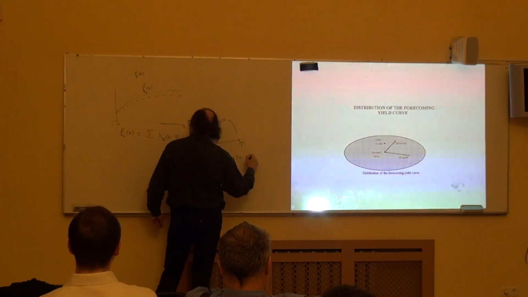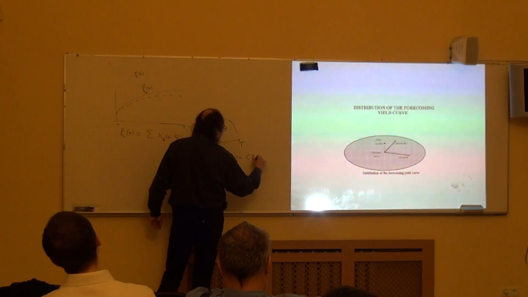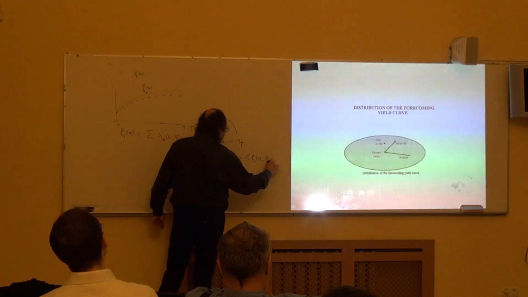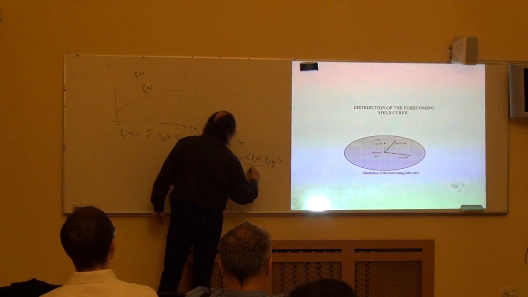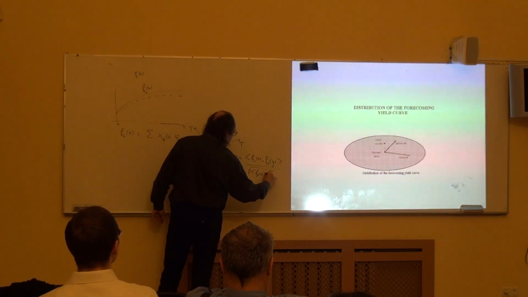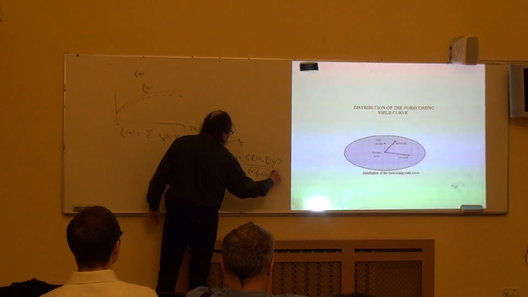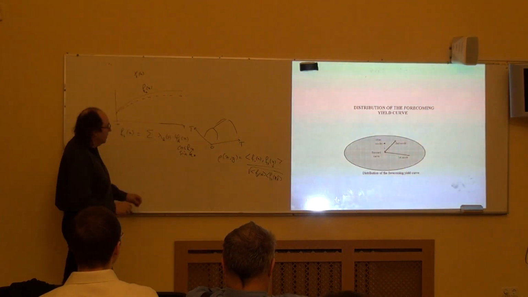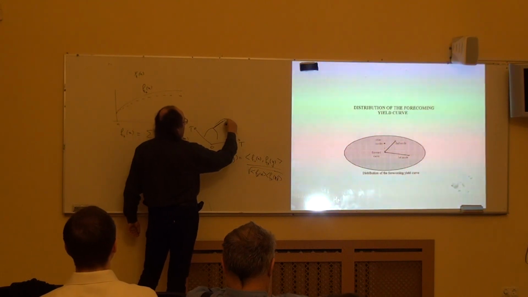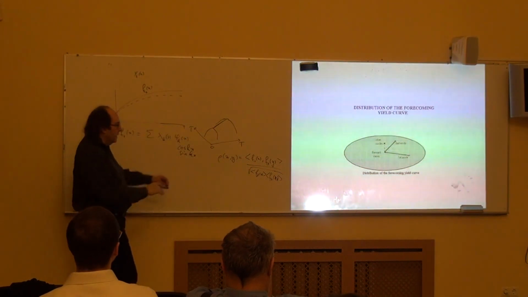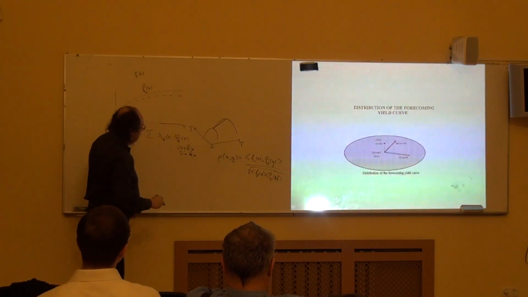Let me write it this way: f_t(x), f_t(y), and you can do that product divided by the square root of f_t(x), f_t(y), so the quadratic variations. So you find something that is worth 1 on the diagonal, and it decays like this.